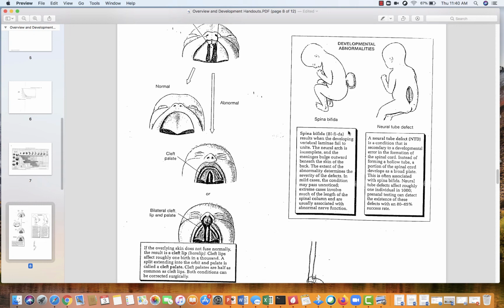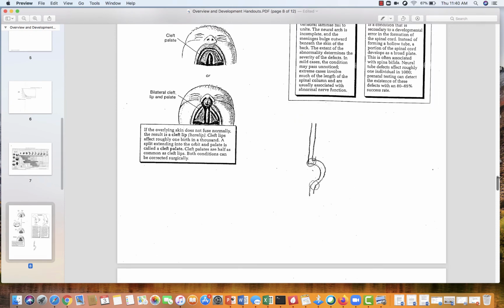Also, the neural arch is incomplete, and so that leads to the meninges bulging outwards beneath the skin of the back. And really, the extent of the abnormality determines the severity of the defect. Okay, so this is a representation of what happens where you have the meninges bulge outwards.